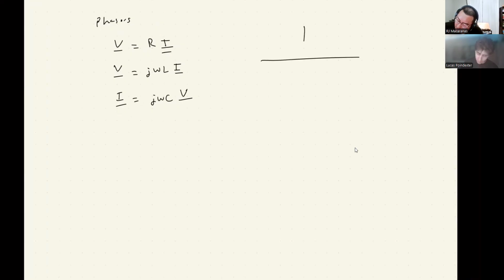So if we look at what this looks like in the real and imaginary axis, firstly the resistor, I have presumably some voltage, and then this current is also going to be in the real axis here. There's no angle associated with them.